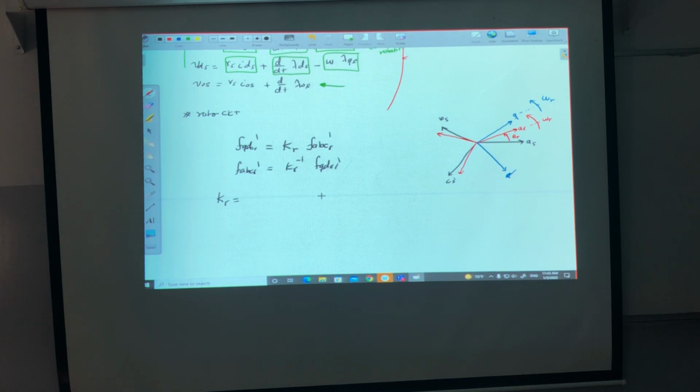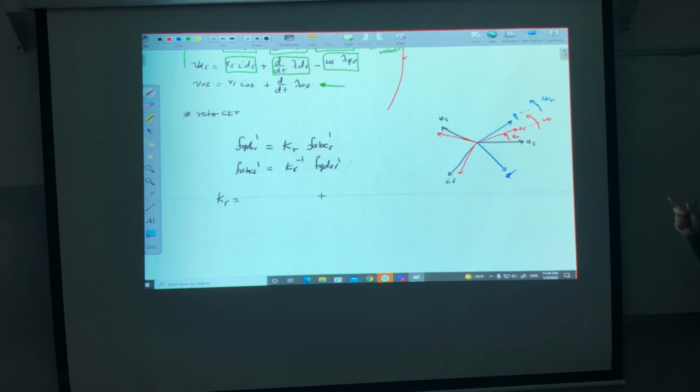Now, if I recall the stator, the stationary circuit, when we were referring, we use KS, correct? So the simplest way is to change the suffix from S to R, but I also need to change the angle. The angle between the axes was theta.